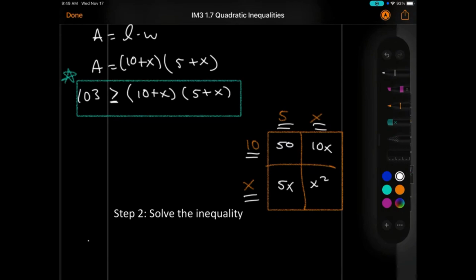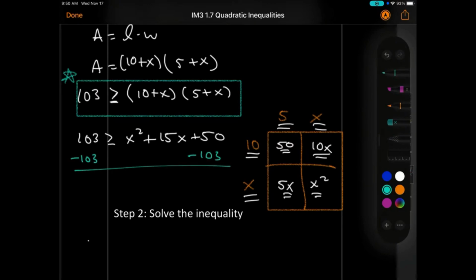So the right side of the inequality is going to be x squared. We add these together now, so that'll be 15x, and this one will be 50. And then I'm going to go ahead and subtract 103, and we're going to get 0 because, let's write that, solve quadratics by setting equal to 0.